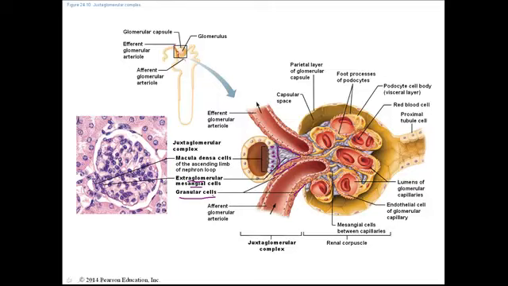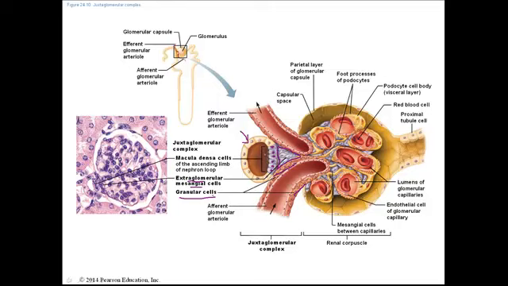These are the extraglomerular mesangial cells, and this is the macula densa, and it's in the afferent arteriole. See this afferent arteriole will loop and pass right here. So this is a part of the afferent arteriole.